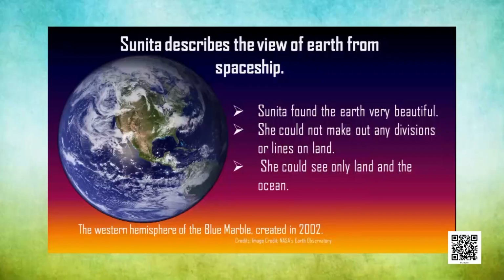It seems all blue, brown, green, is not it? The blue color shows water, the brown and green part shows the land. Sunita found the Earth very beautiful. She could not make out any divisions or lines on land. She could see only land and the ocean.